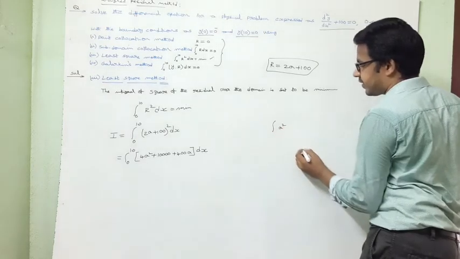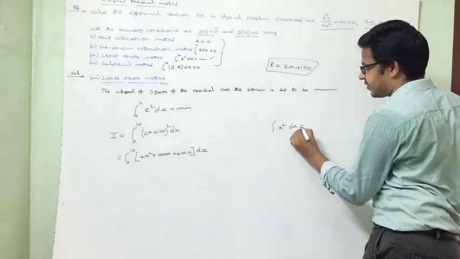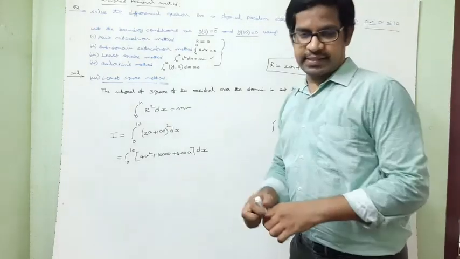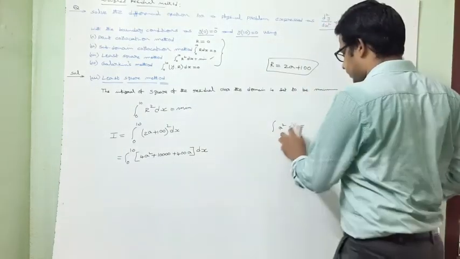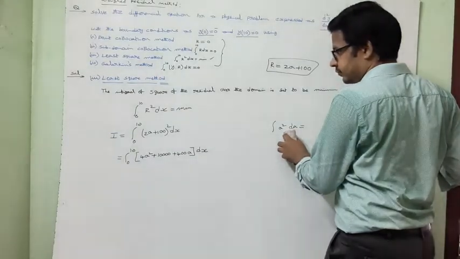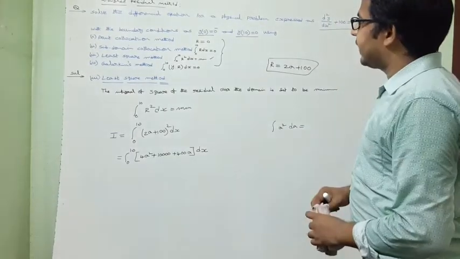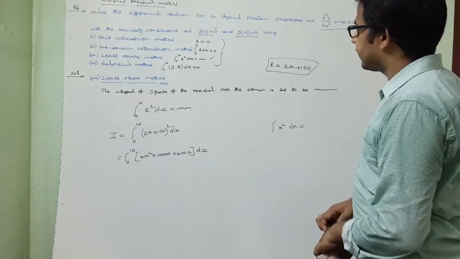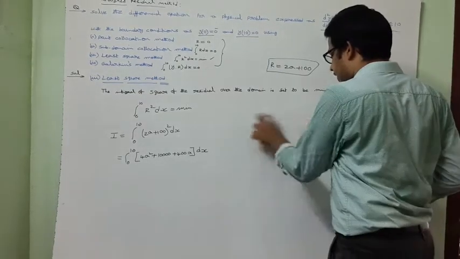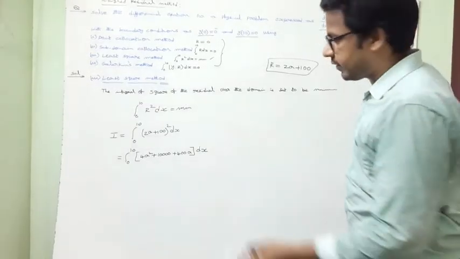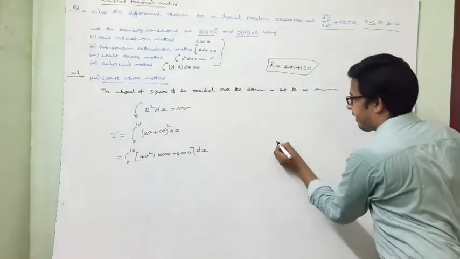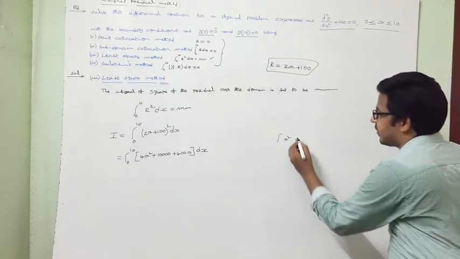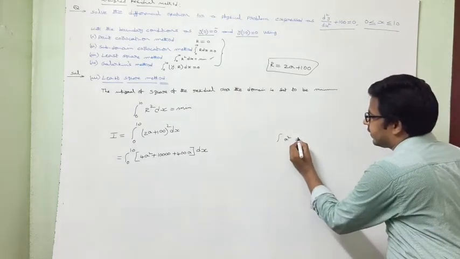Integral of a square into dA is equal to 2a. What is the integral of a into dA?